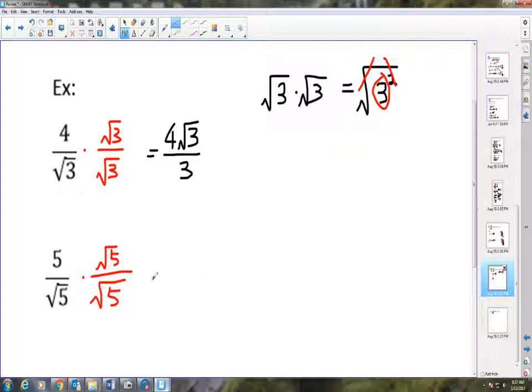Either way will work. Bottom line is you need to know the radical will cancel out, so the bottom has no more square root. 5 times square root of 5 is 5 times square root of 5. I have 5 on top and 5 on the bottom on the outside, so that can be canceled out. So the only thing I have is just square root of 5.